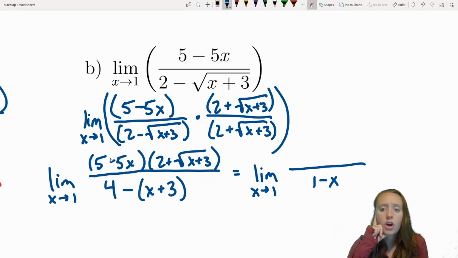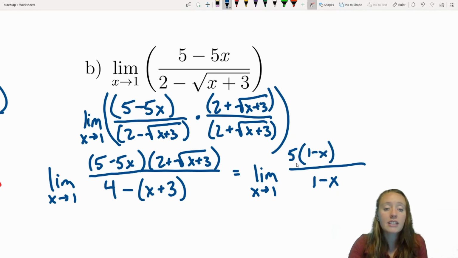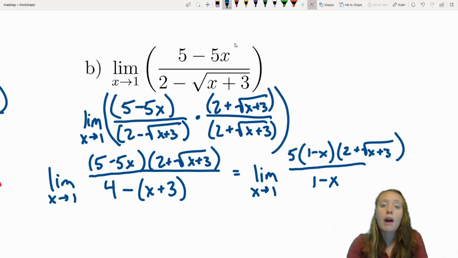Actually, it does. What does 5 minus 5x have in common? They both have 5. So if I pulled out 5 from that, I'd be left with 1 minus x, because 5 times 1 minus x is 5 minus 5x, and I still have that 2 plus square root of x plus 3 in my numerator. However, because that factor of 1 minus x is multiplied by everything, I'm able to cancel it on out.